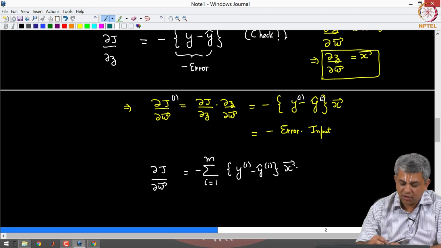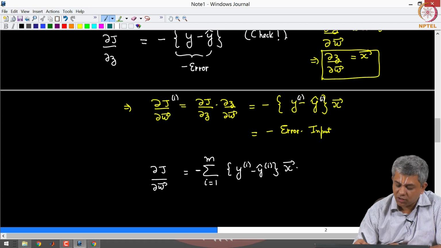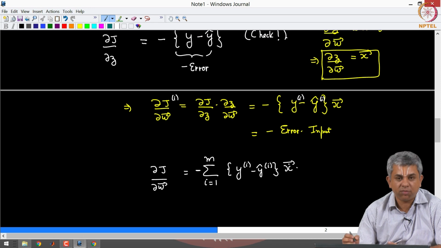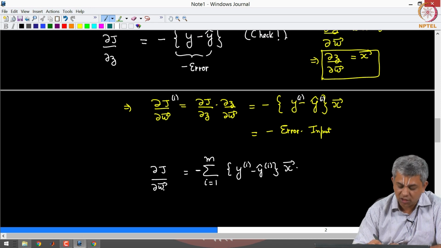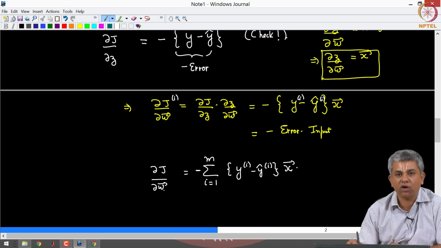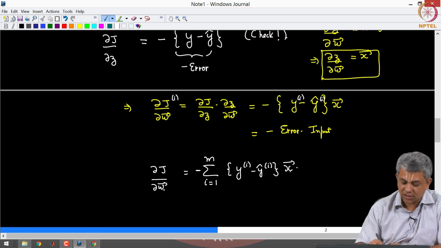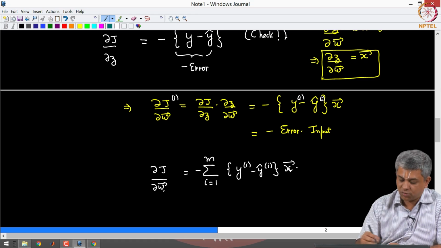So, for example, if you wanted del J del w naught, you will get (y i minus y hat i) multiplied by x naught, which is simply 1. So on and so forth. For each component of w, you take the corresponding component of x. This is a vector, that is also a vector.